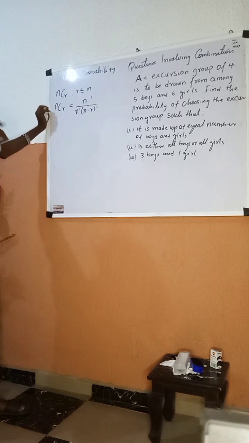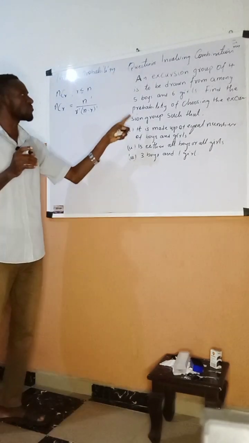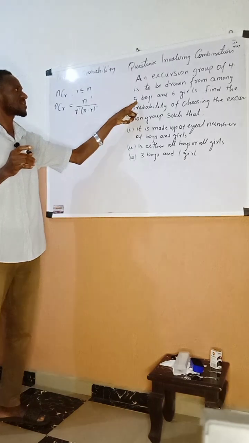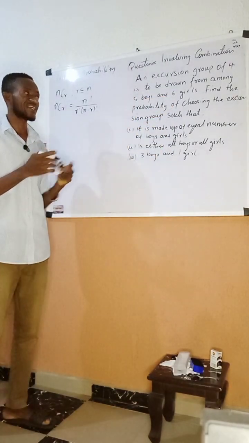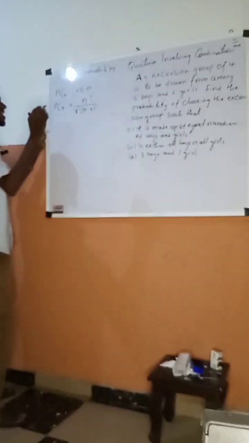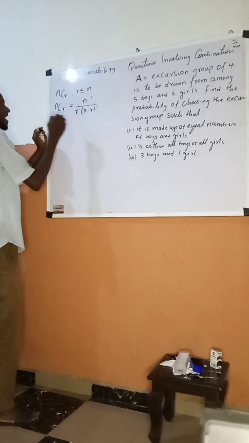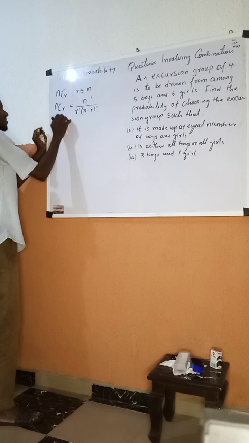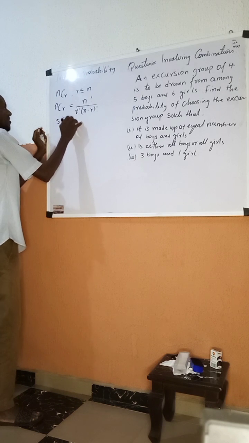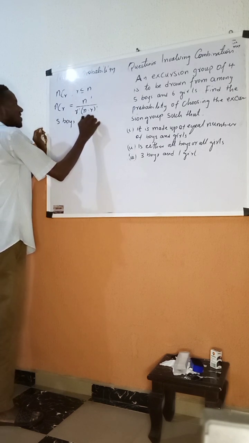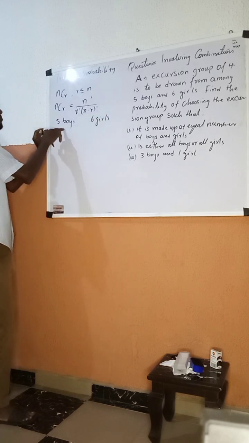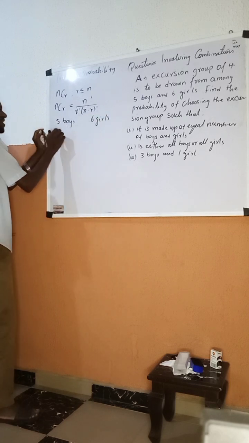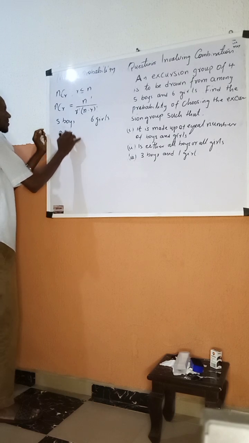And in this context, we are going to select two boys from five boys and select two girls from six girls. In this case, I am having five boys and six girls, and I'm meant to select two boys from these five boys.